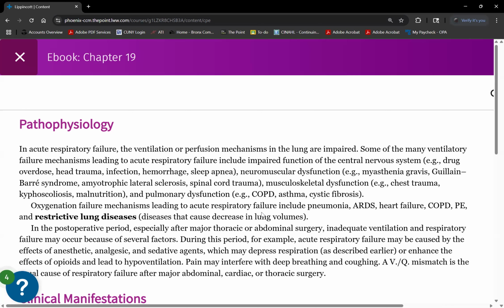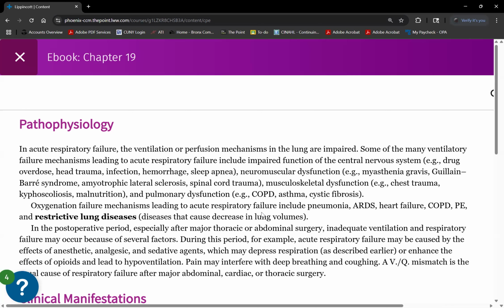What is it doing? The act of inhalation and exhalation. That's ventilation. So it's totally separate from gas exchange. Gas exchange is at the alveolar capillary level. Ventilation is mechanical, correct? That's by your diaphragm or through a machine.